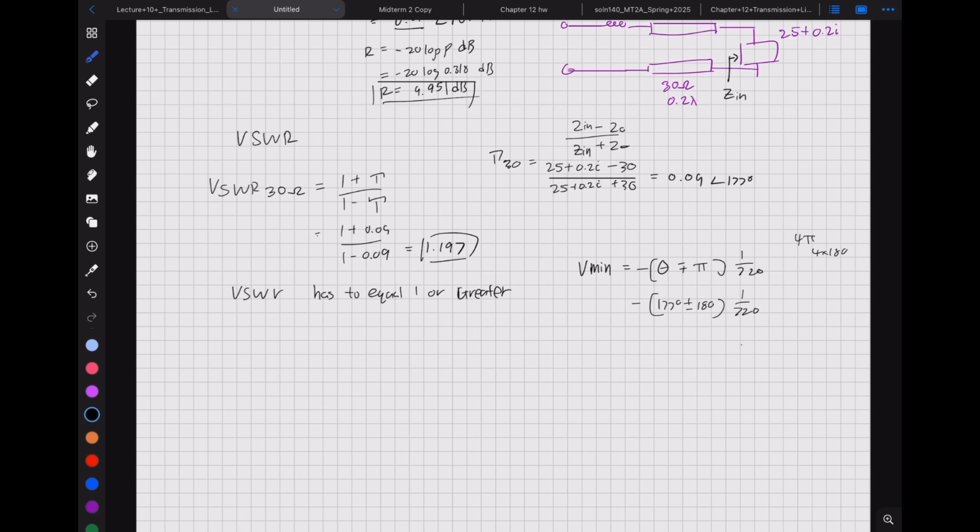And then we're gonna subtract this. Actually, we're gonna add them together and then divide it. So let's see what we get here.